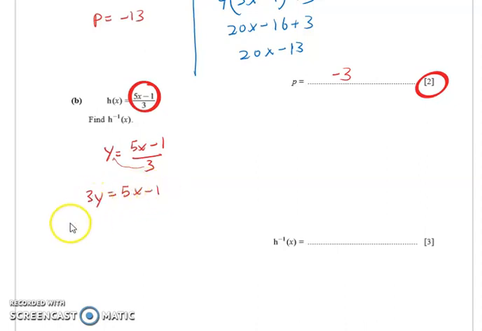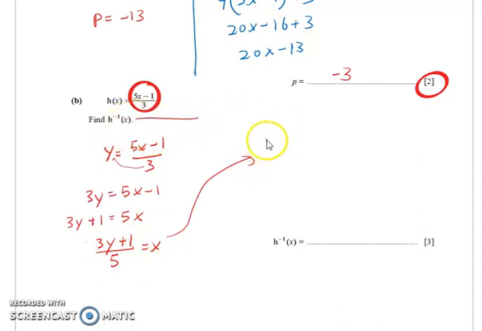The minus 1 we move there, it becomes plus, and we have 5x there. The 5 we move down, it becomes 3y plus 1 over 5 is the x.